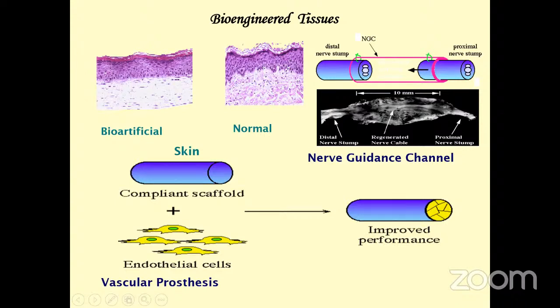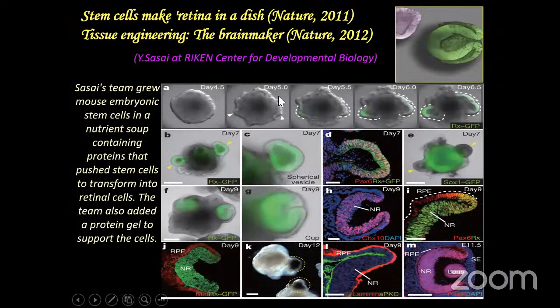Using the same tissue engineering approach, for the first time in Japan, Dr. Sasai's group, he is no more unfortunately, developed retinal cup-like cells using induced pluripotent stem cells. I will not go much deeper into this.